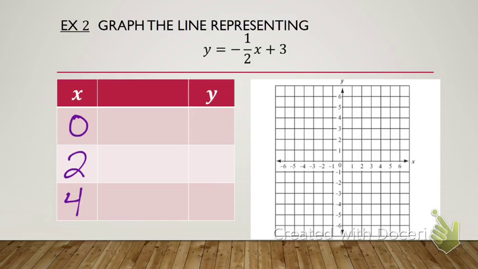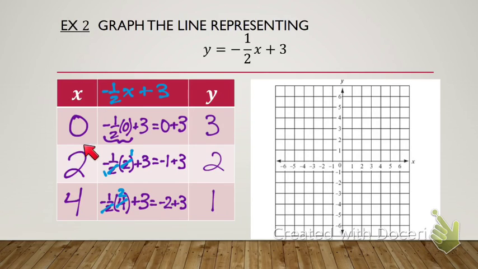If I plug in even numbers, that will make that fraction become an integer. So when we try even numbers, the denominator keeps cross-reducing, and we end up with integers.